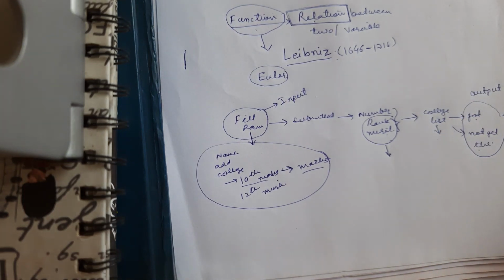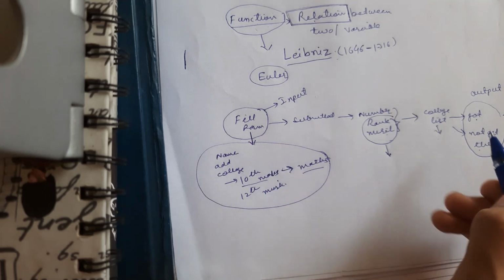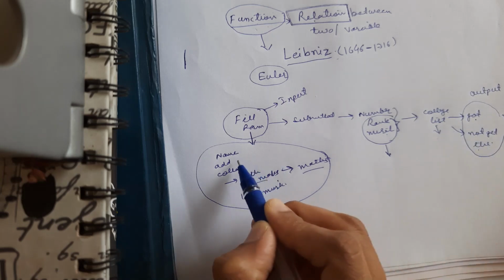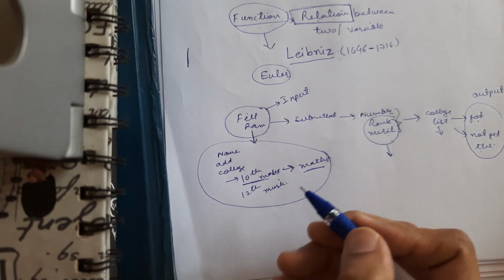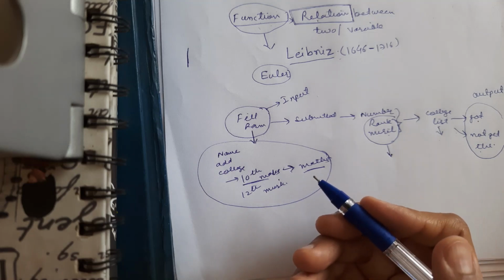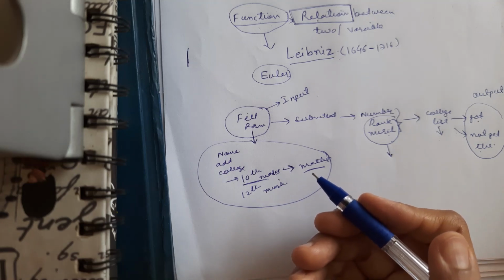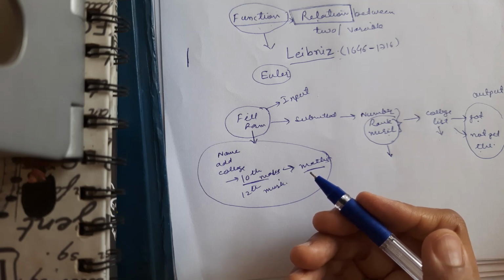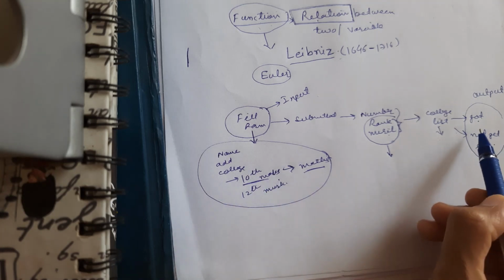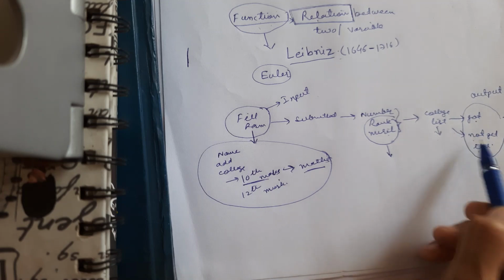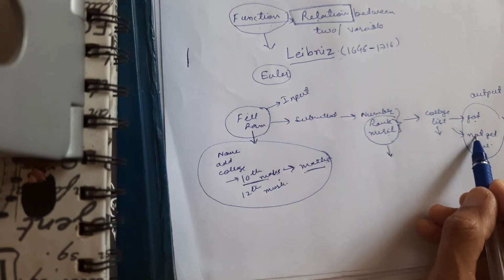Now this output depends on these inputs, right? It depends on your 10th marks, your maths marks, your male or female, where you are from, Maharashtrian or non-Maharashtrian. Depending on all these pieces of information, this output is generated. So this is a good example of a function.